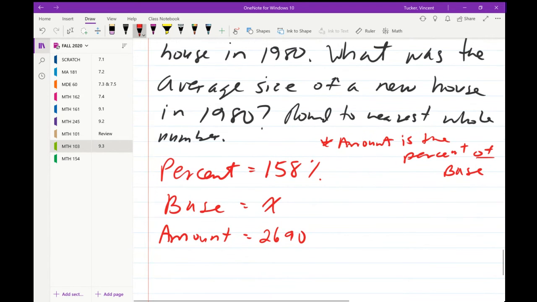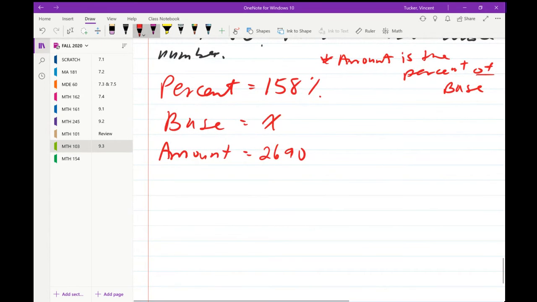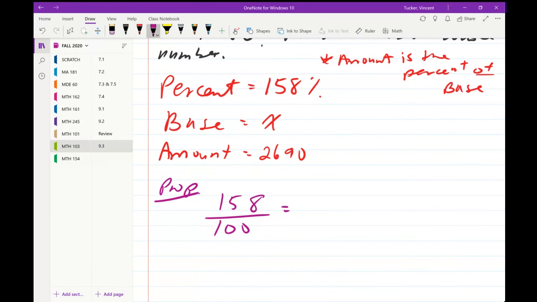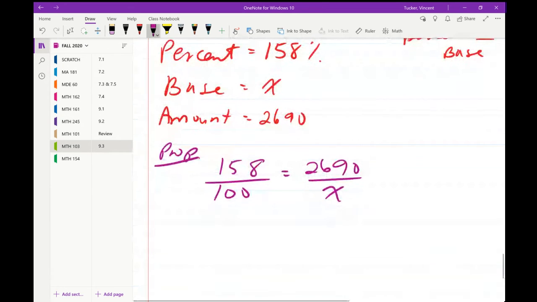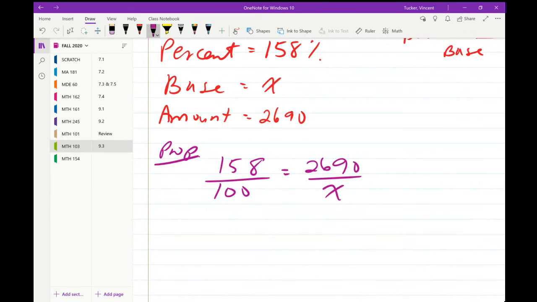So if I want to set this up using the proportion, that's going to be 158 over 100 equal to the amount over the base, 2690 over X. If I want to set it up as an equation, then that will be your percent.